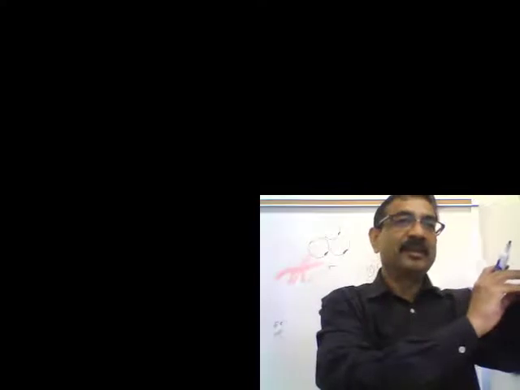These are the capillaries, and you also have nerve endings in the tissue. So these are the nerves. Now, when injury occurs, some chemicals are released there from the cells.